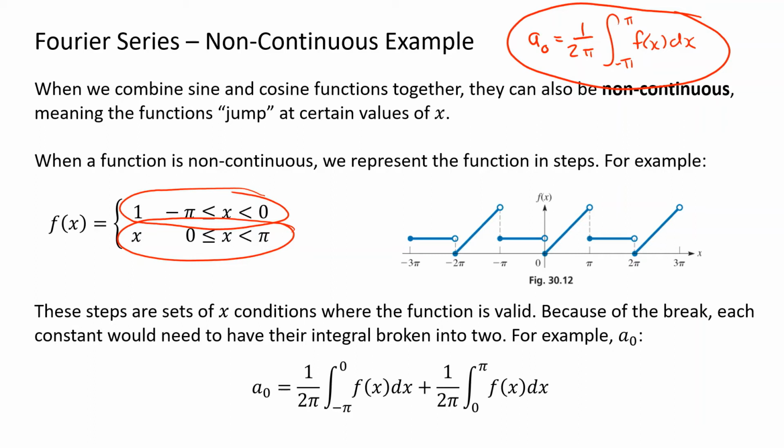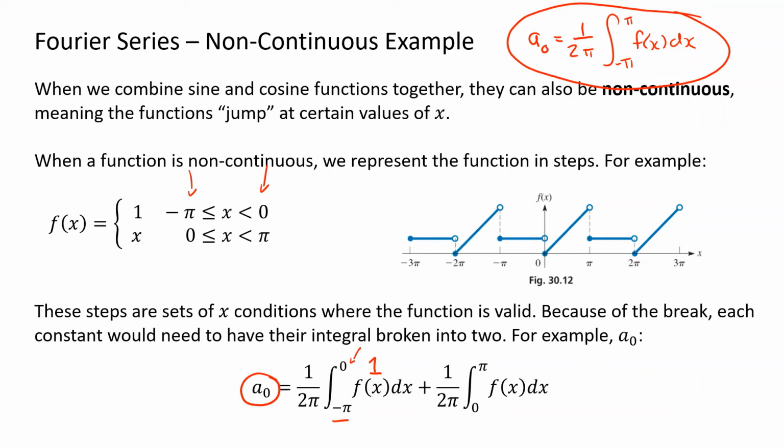The first integral would be 1 over 2 pi, again if we're solving for the first constant, times the integral from negative pi to 0. So it matches the boundaries that I have listed here. And it'd be f of x dx. In this case, f of x is 1. Then you have to add the integral of the second piece, because it's a non-continuous function.